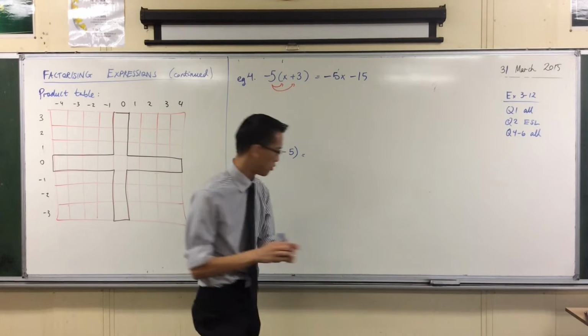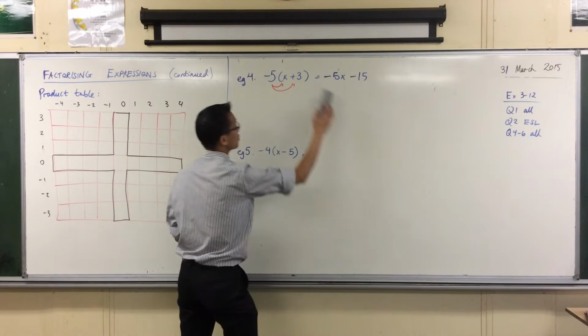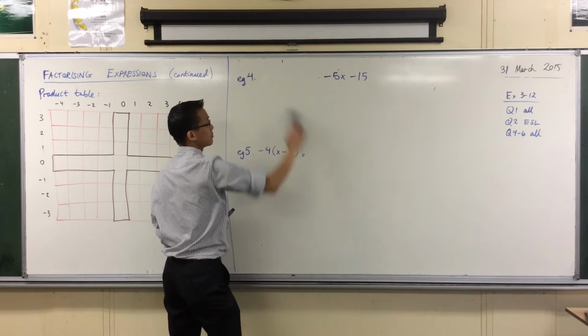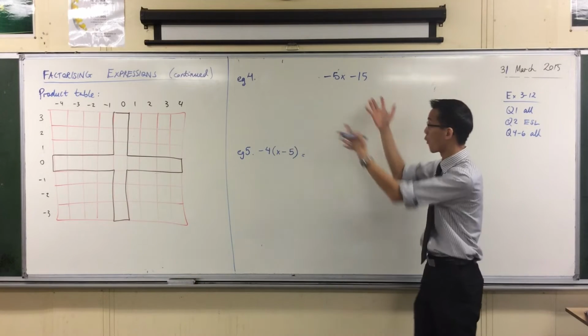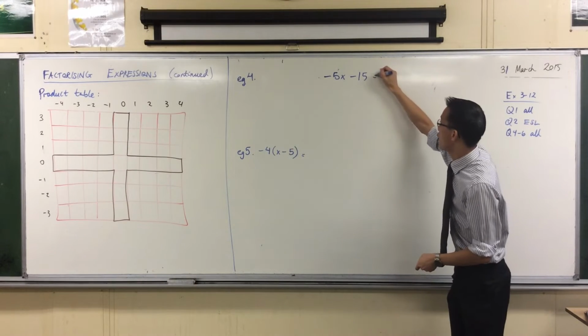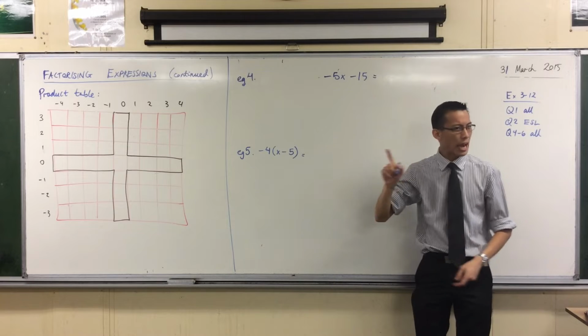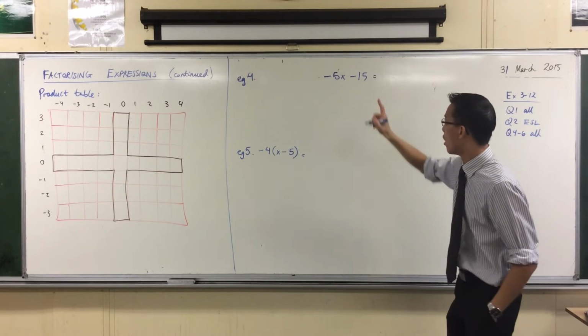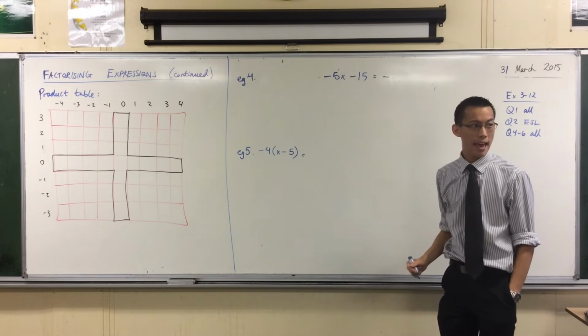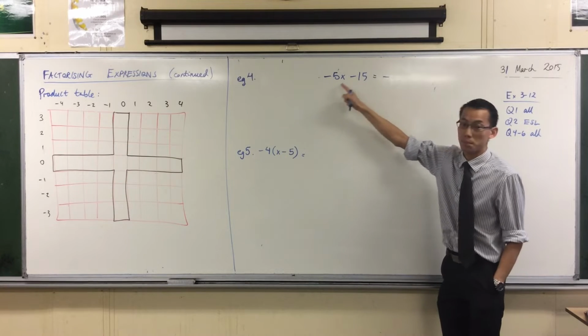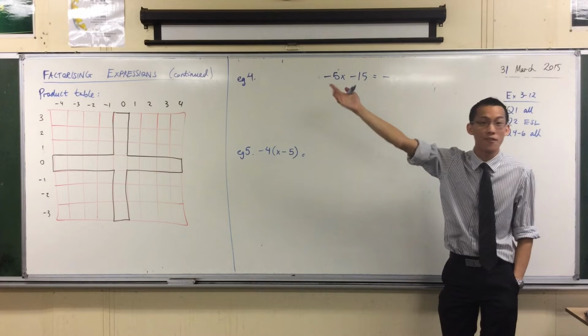Now, if you saw this as the question, and the question was, instead of expand, take this, which is already expanded, and factorize it, you would say, oh, look, I see a minus on both of them, so I can take out a minus, and I see that these are both multiples of 5. 5's the highest common factor.